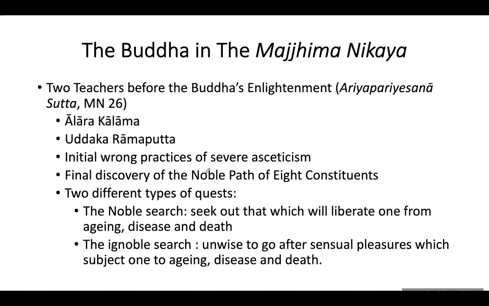Once he left the palace, he tried to find a teacher, and at the time he had two teachers, who are described in Majjhima Nikaya 26, Ariyapariyesana Sutta. The two teachers' names are Alara Kalama and Uddaka Ramaputta. The Buddha followed the two teachers' teaching.